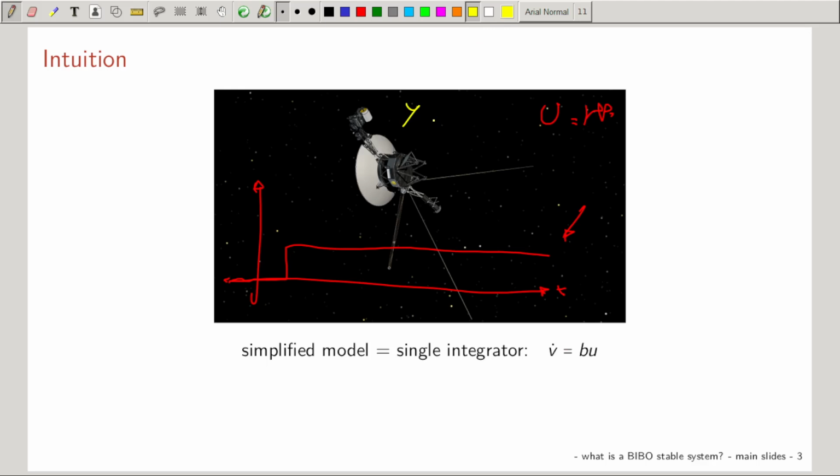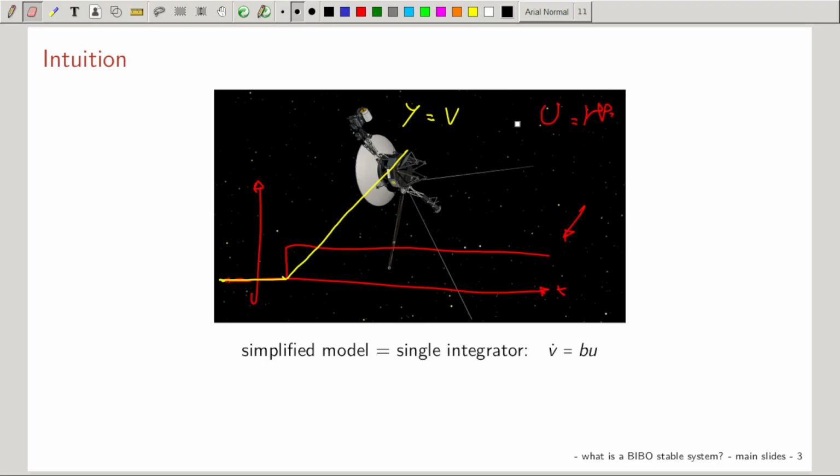If Y equals V is my output, how will the output look? Something like this, true? Is this one going to be bounded? No. This system is bounded input. There exists at least one bounded input that will cause an unbounded output. Do you see it? Perfect.